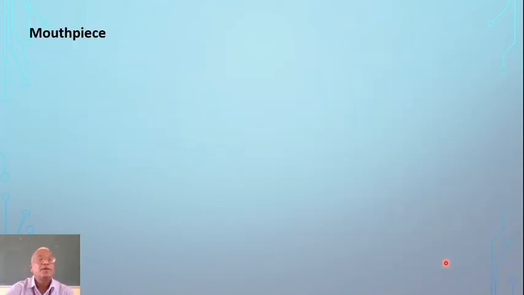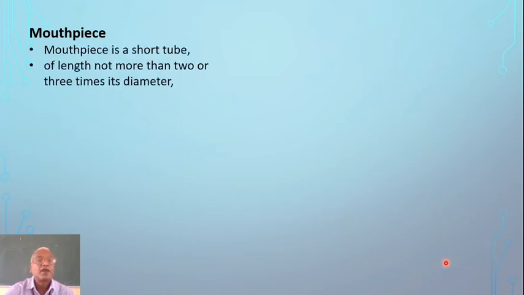Okay. Now next is mouthpiece. What is a mouthpiece? Mouthpiece is a short tube of length not more than 2 or 3 times its diameter. Very important.